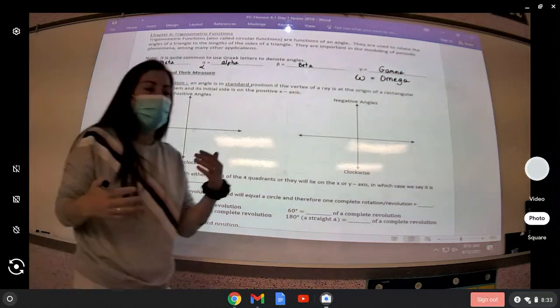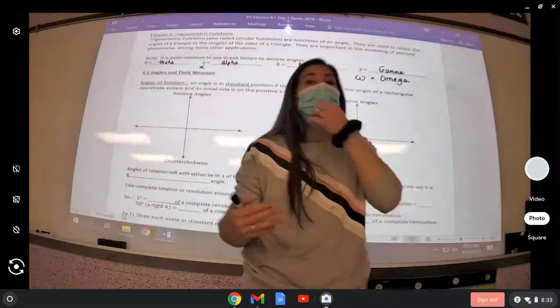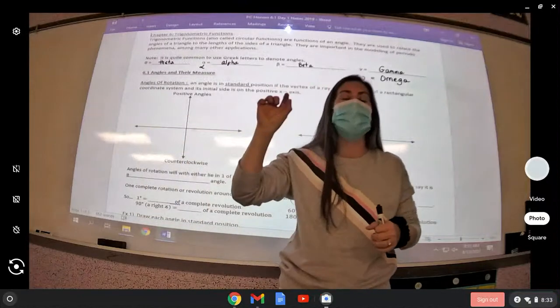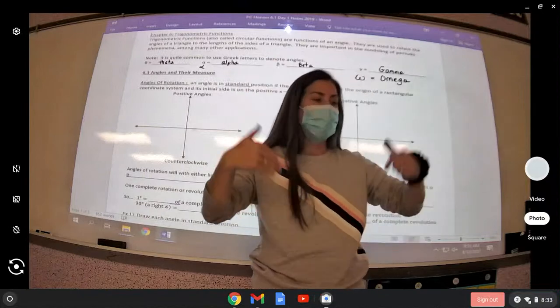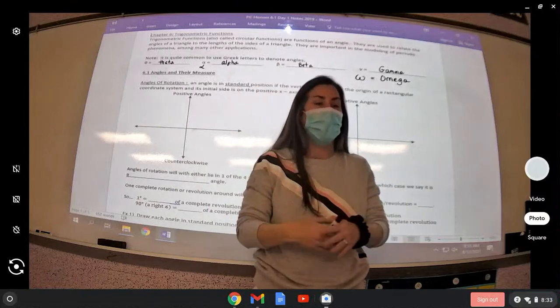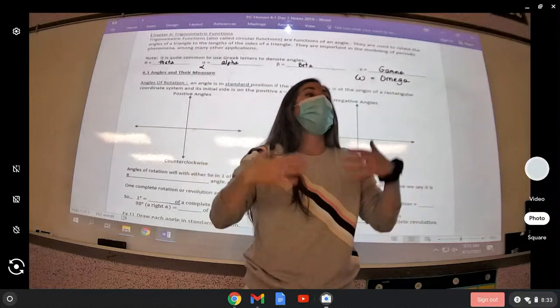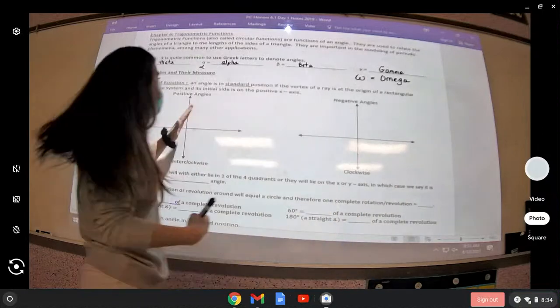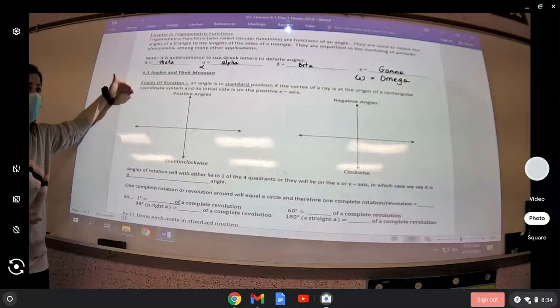Okay, so what's going to happen is, right now we have angles. We're going to take trigonometry and all of these angles to the coordinate plane. By taking it to the coordinate plane, there's literally going to be no angle that we can't create. We can create positive angles, small angles, big angles, negative angles. So we're going to take them into angles of rotation.